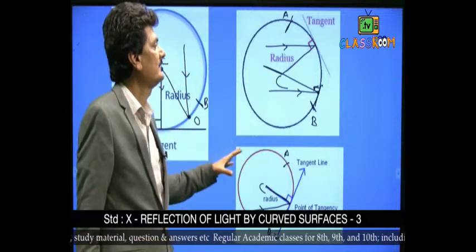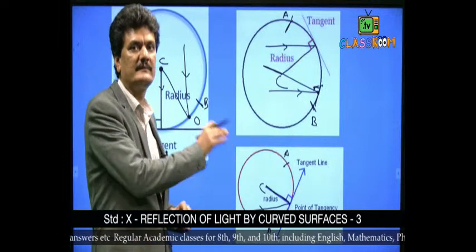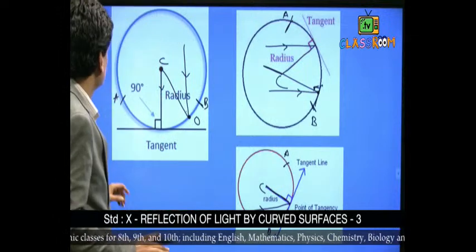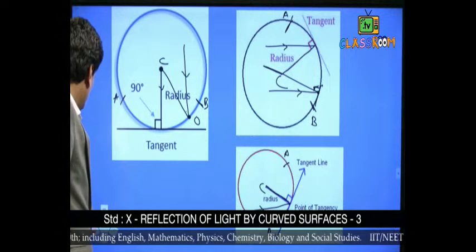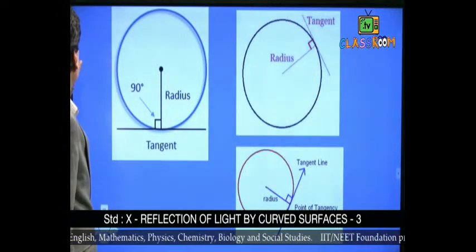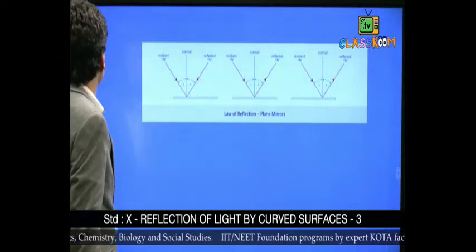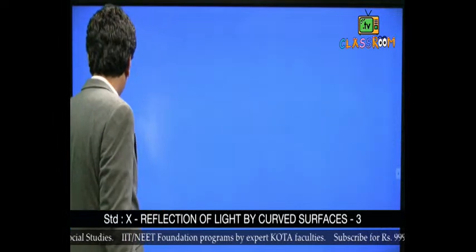In this way we have simplified. Now you don't even need a scale. Point of incidence, center of curvature, join the line connecting them, that becomes your normal. Now let's check it out separately. Here we have made use of the tangent radius theorem, and we will check it out for the mirrors now.